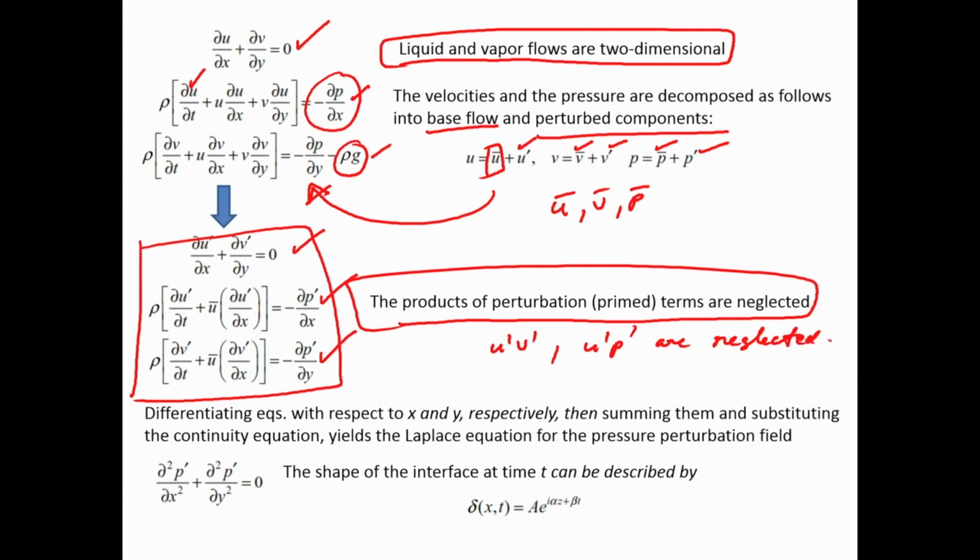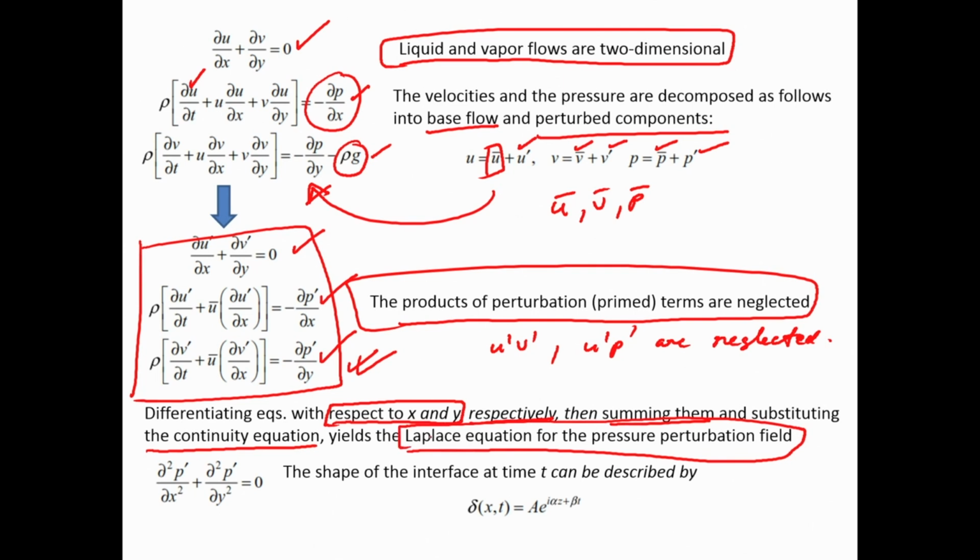Now we take this set of equations and differentiate with respect to x and y respectively, and then we sum them and substitute the continuity equation. This yields what we call the Laplace equation for the pressure perturbation field.